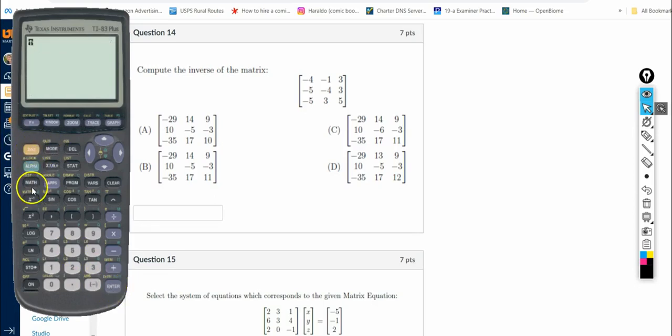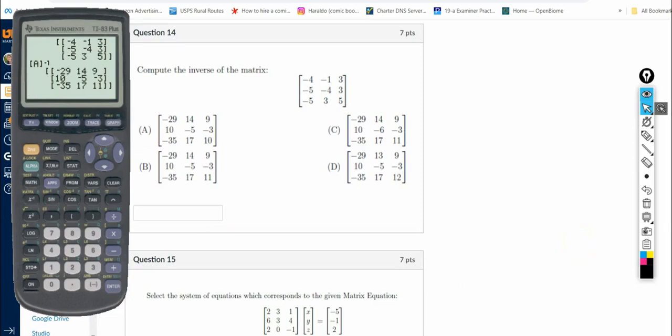Now I'm going to get out. I'm going to get back in and actually look at it. Make sure I've done it correctly. Okay, now I'm going to get back into the matrix menu. Under names, I'm going to do A, and then I'm going to press the X inverse button.